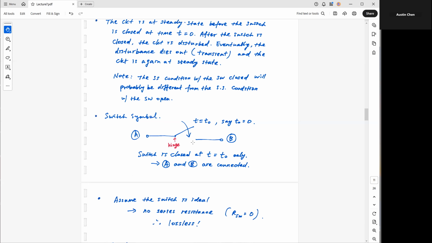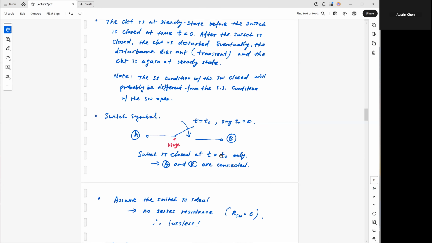The way we interpret this arrow here is that this arrow is pointing downward. That tells you that the switch is only closed at t equals t0.